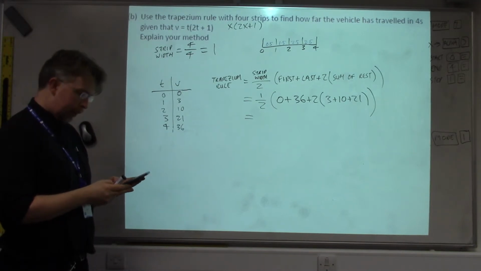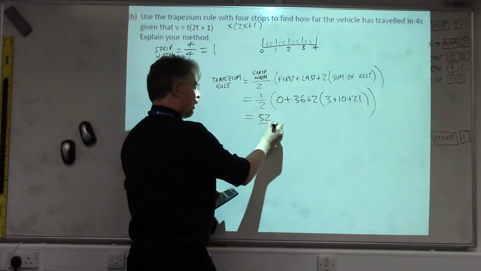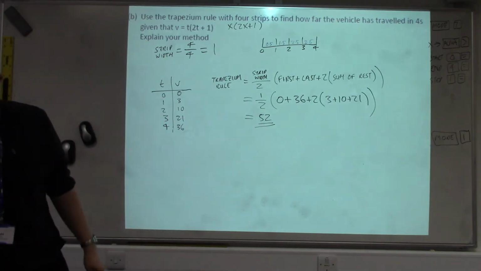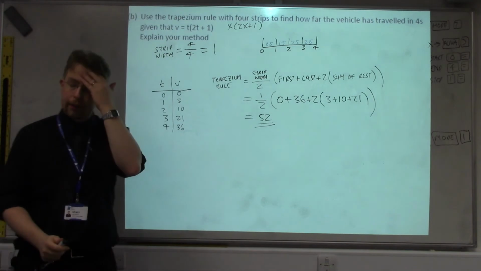Make sure to put all brackets in. We get an estimate of 52. Again, if you want to merit a distinction, explain your method.